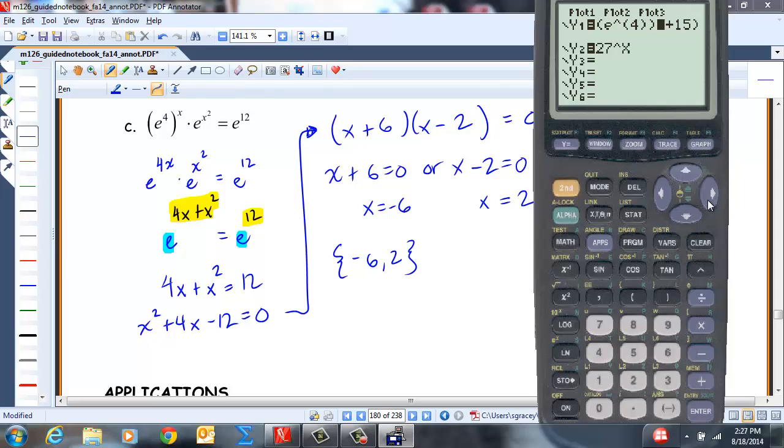And then that whole thing is being raised to the x times e raised to the x squared. So that's our first graph, and then our second graph is going to be another big number. It's going to be e to the 12th. All right, let's see what we got.